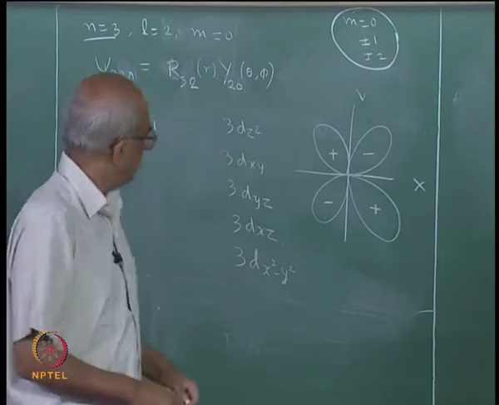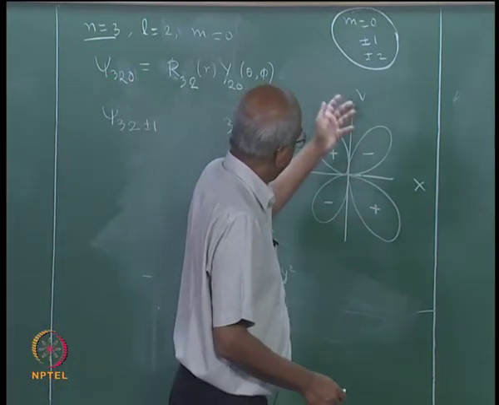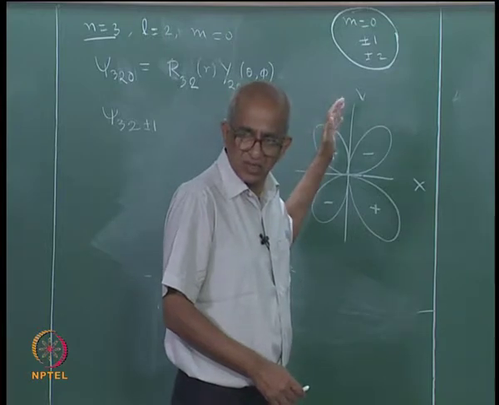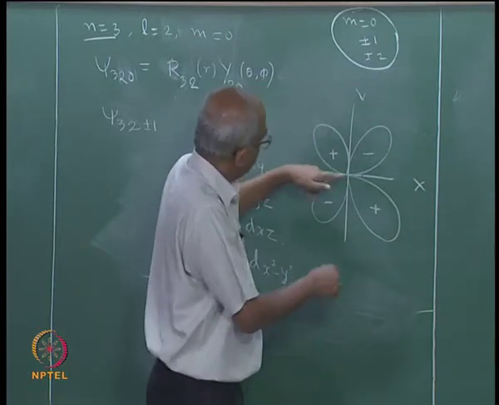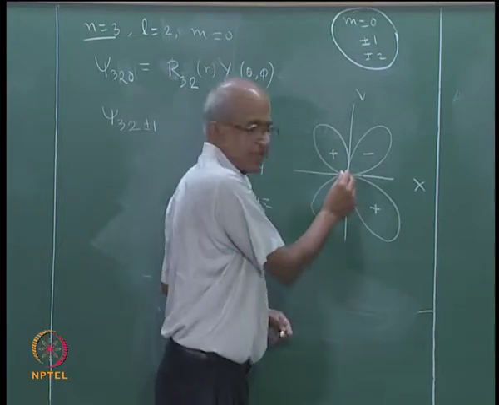Where are the nodal planes? Just to illustrate, in the case of this orbital, which I have denoted xy, remember the z axis is standing perpendicular to the plane of the board in this fashion.